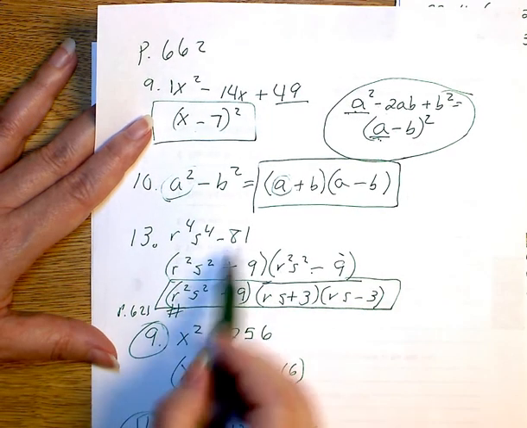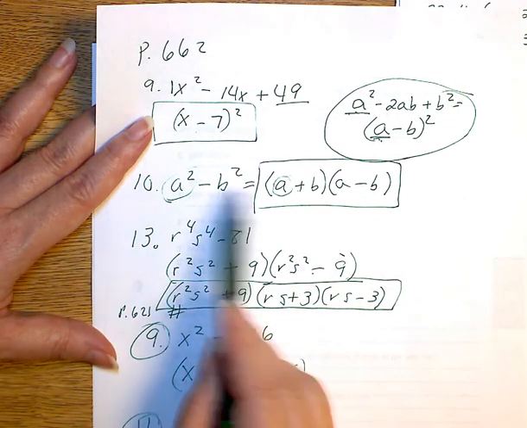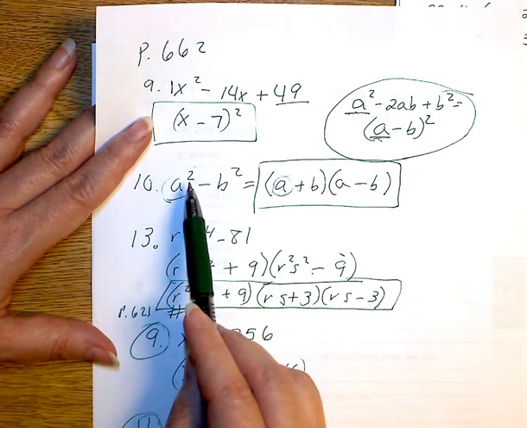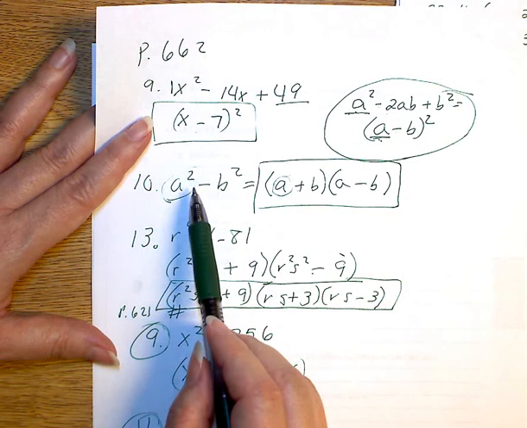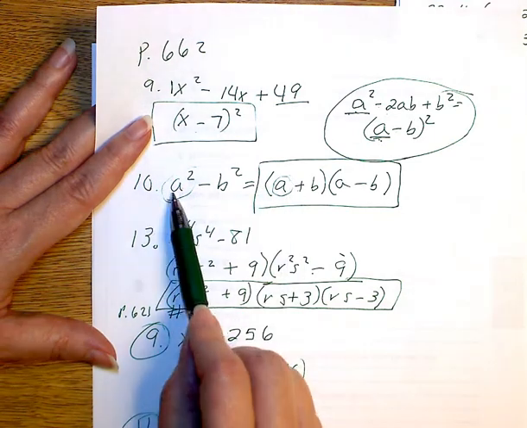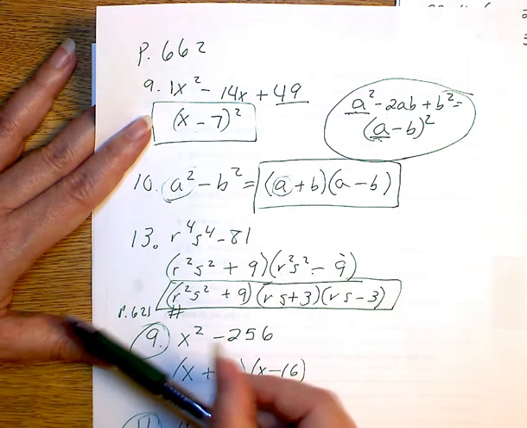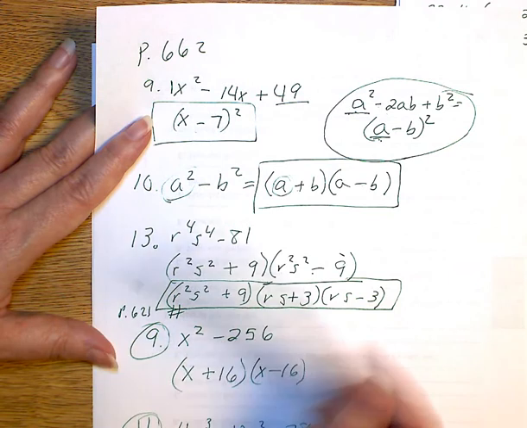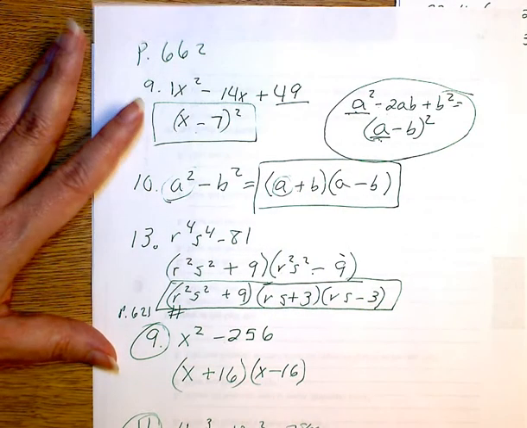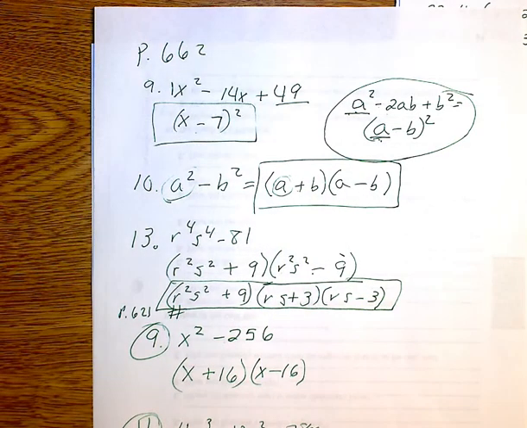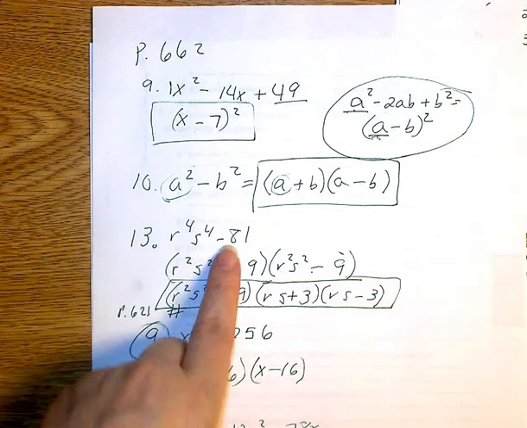Because remember, we are undoing FOIL. So what times what gives me a squared? A, right? But any number, if I say a number times a number gives me that number, that means that was the square root. So that's why we have to take the square root.